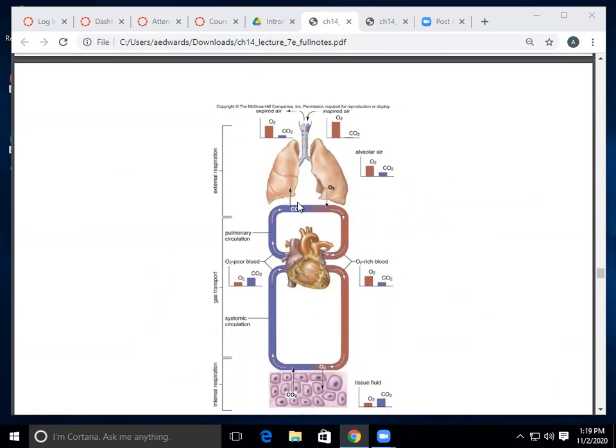CO2 is low, whereas in the pulmonary artery and the capillaries you're going to have a high concentration of CO2 and a low concentration of oxygen. And I will differentiate: here's expired air, here's inspired air, so it's the air you're breathing.